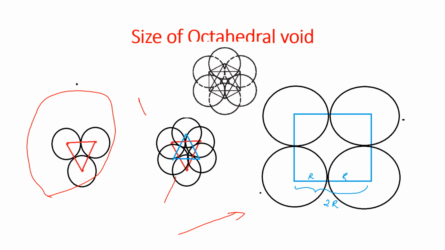We know the radius of each sphere is r. Therefore, the size of one side of the square will be 2r. The next one also will be 2r. So what will be the maximum sized sphere that can occupy this void site here? It will be like this, right?